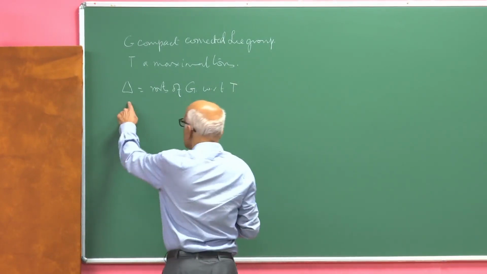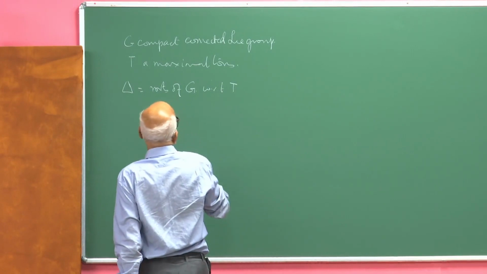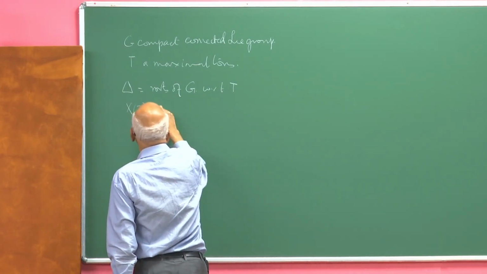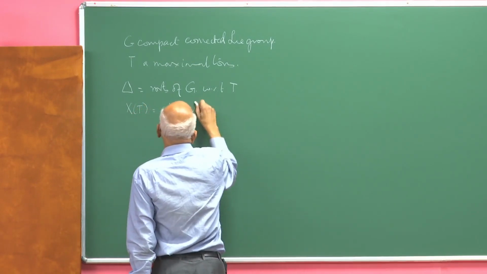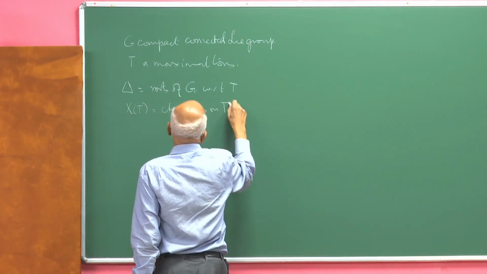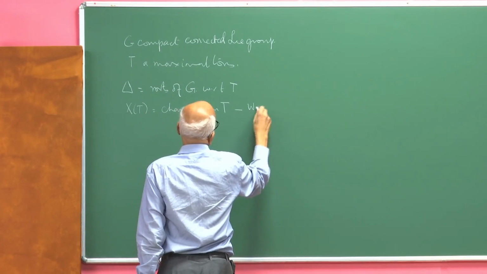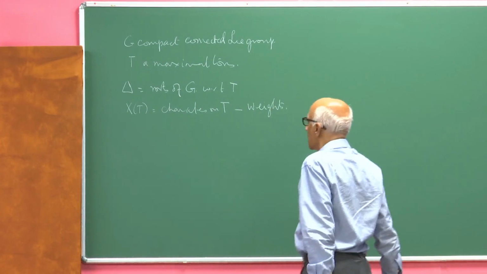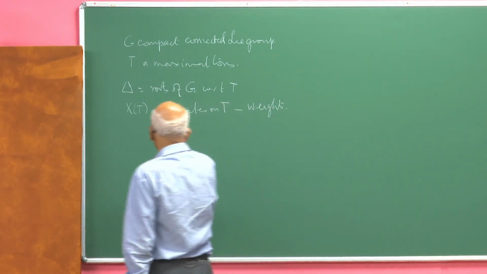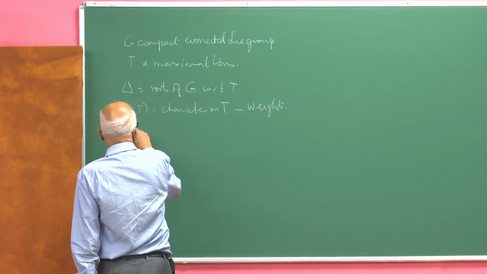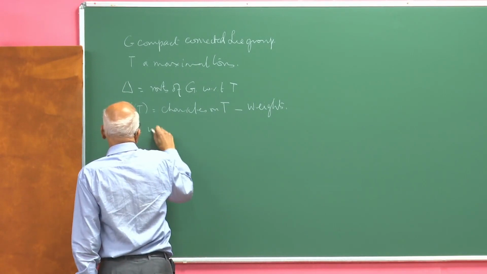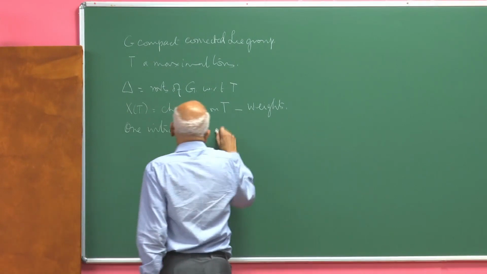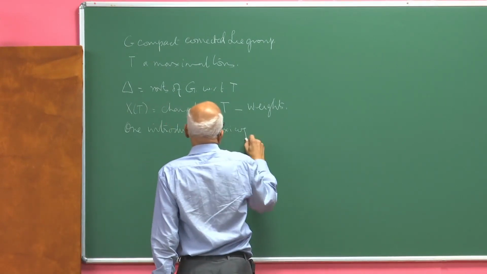These are eigencharacters which occur in the adjoint representation, eigencharacters of T, and X(T) is all the characters on T. We will also refer to them as weights. And one introduces an order, a lexicographic order, as it is called.